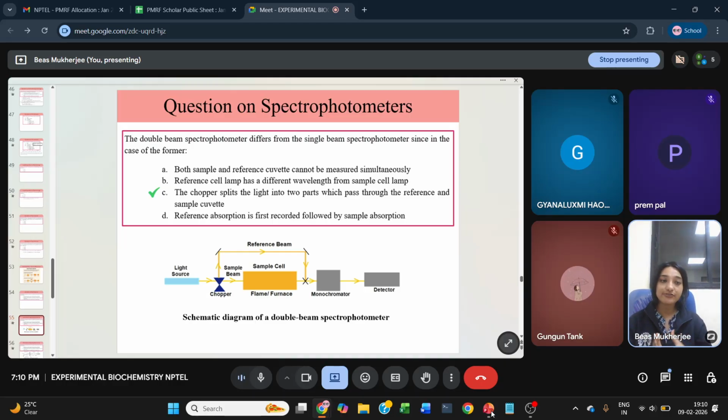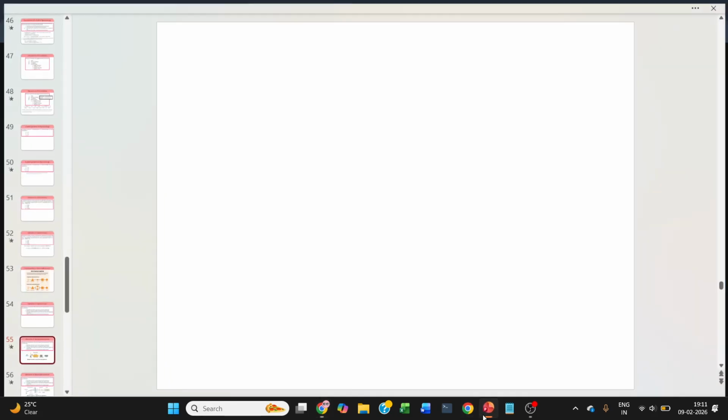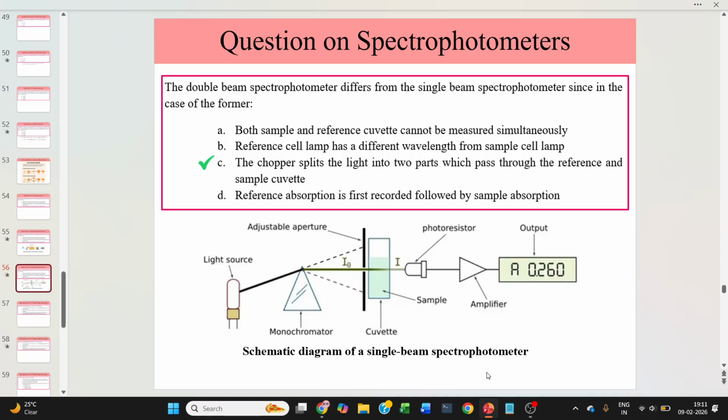You know about negative control, right? Negative control is important for every experiment, and here the reference beam is the negative control. The same light is going into both, and this is giving some value, let's say x. Then the final value would be x minus that value to get the actual value. The detector is actually subtracting it and giving it to you. So this is actually negative control.